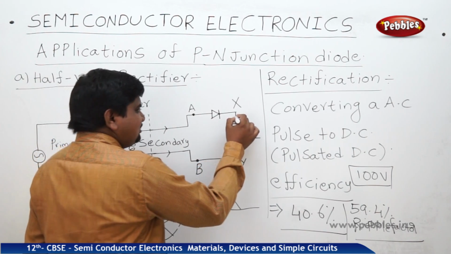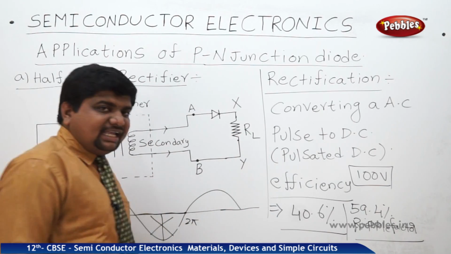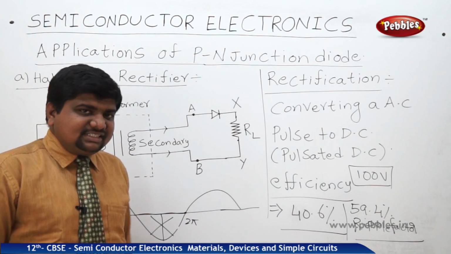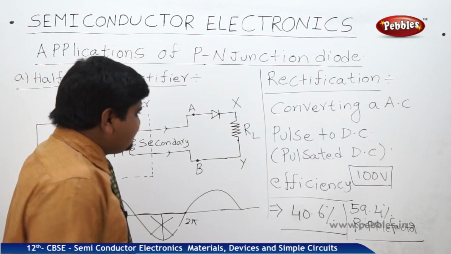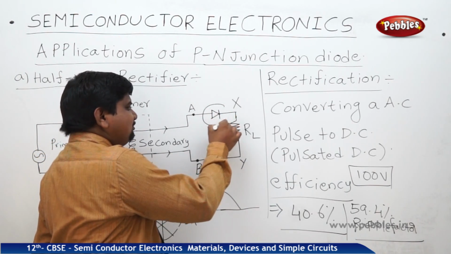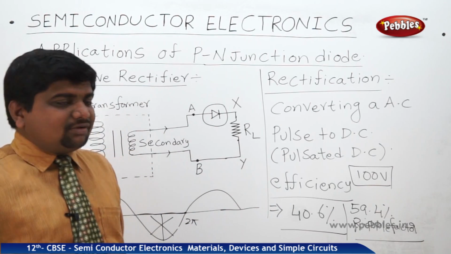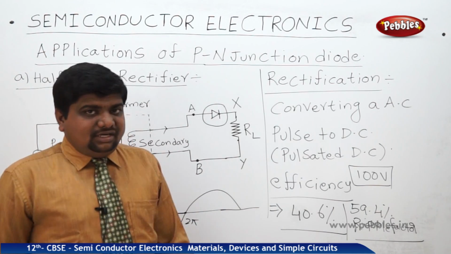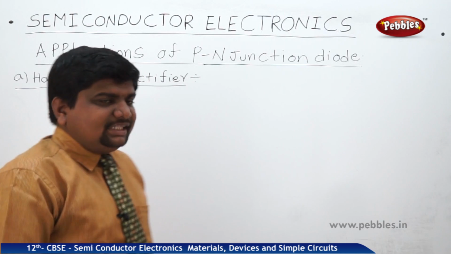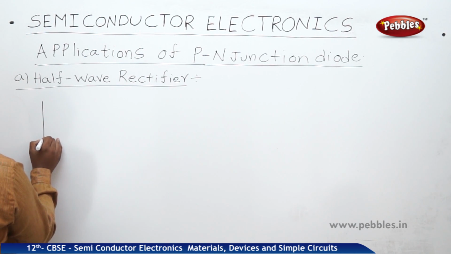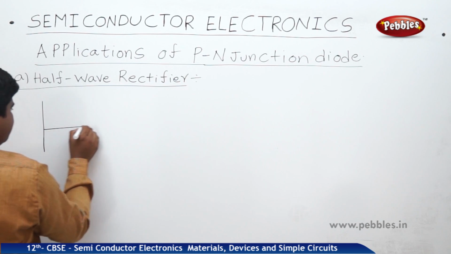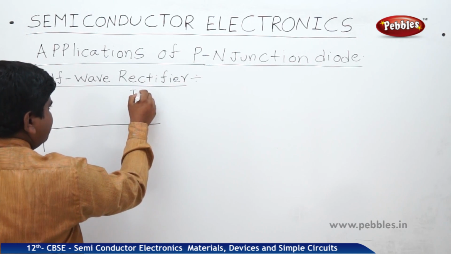Across the load resistor, when the AC is traveling to the load resistor, it should convert to DC. Only that DC wave is allowed, due to the positive connection or forward bias of the diode. So like this, we can see the graph of the half wave rectifier. Suppose this is the input AC.